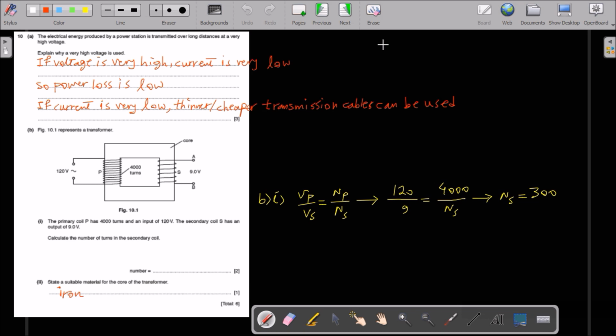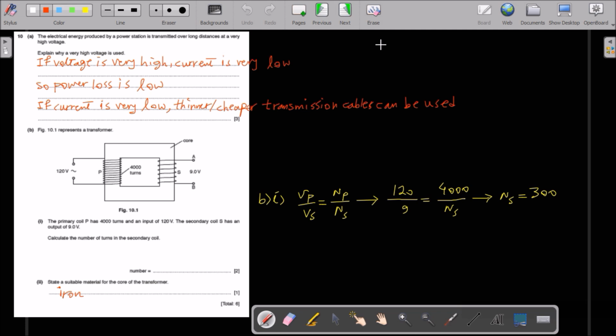So power loss is low. If current is very low, then we don't need expensive or very thick cables. So thinner or cheaper transmission cables can be used.